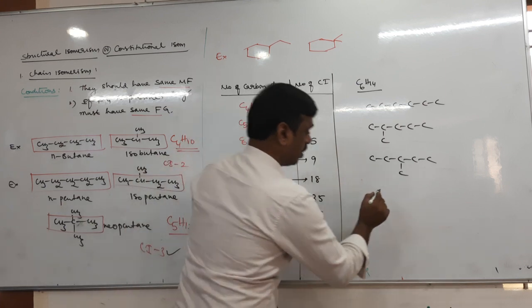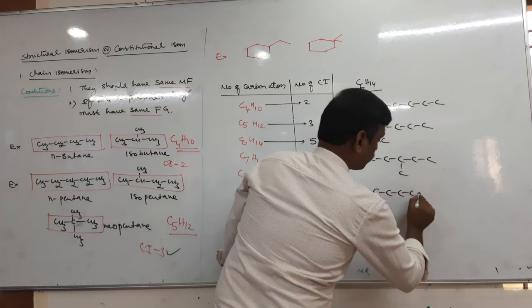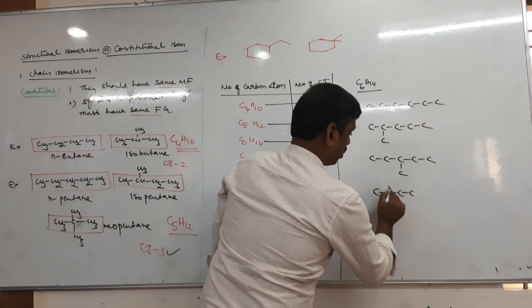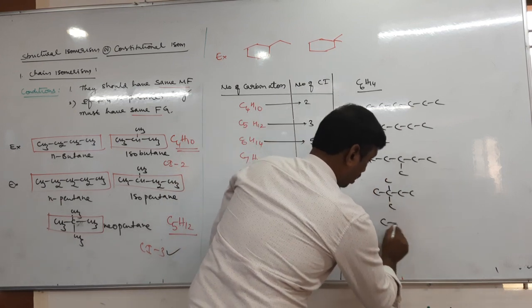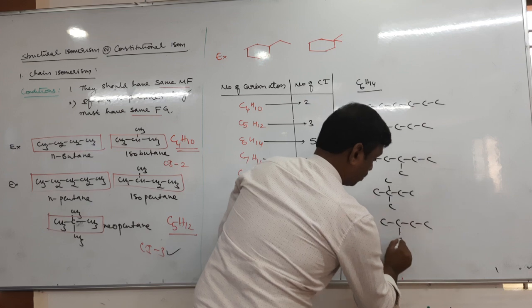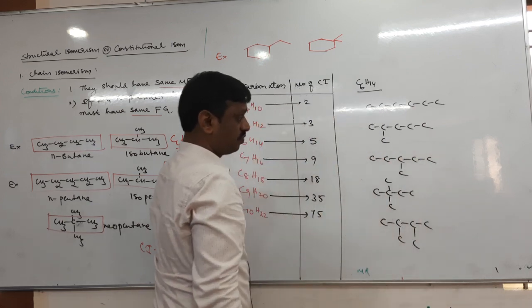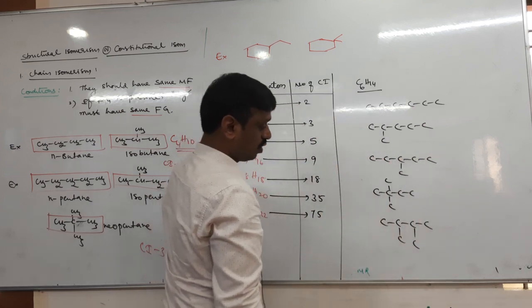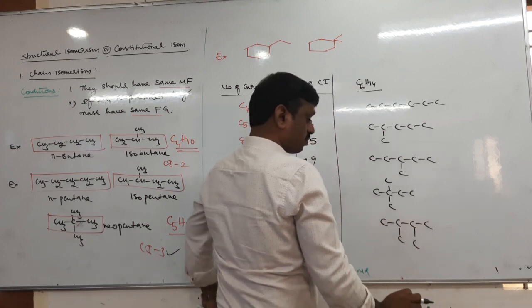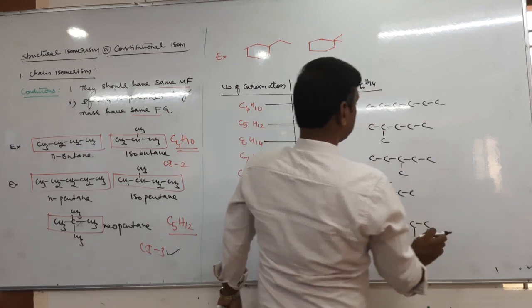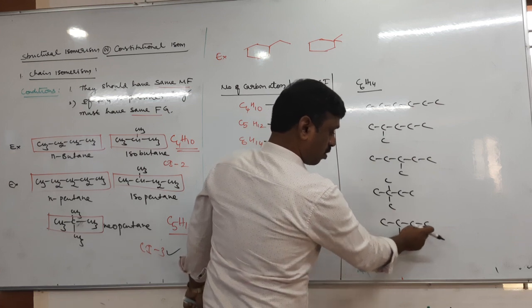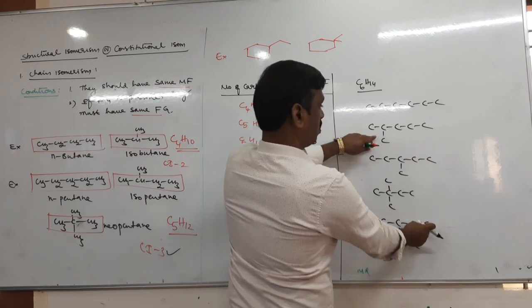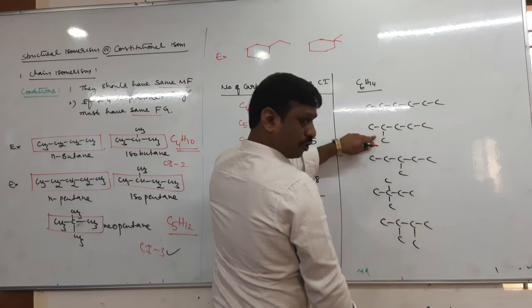Next, is another possibility there for 5 carbon? No, 4 carbon. Make it now, the chain is 4 carbon. I will make 2 methyl groups here, dimethyl. Next, write another possibility, 4 carbon atoms, methyl, methyl. Okay. Next, any other possibility? No. If you write another carbon here, it becomes this only. Not possible.